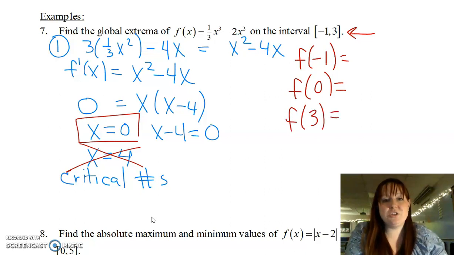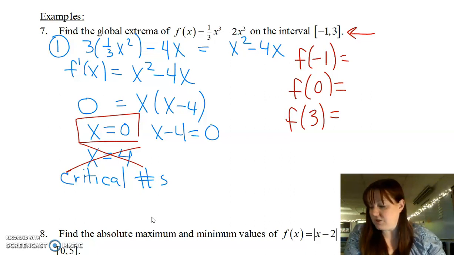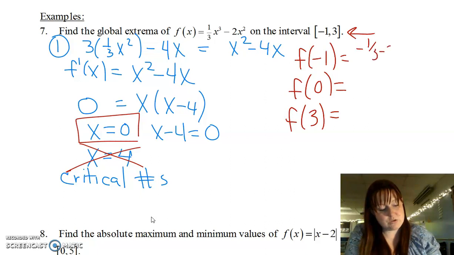So what is our function doing at -1? It is, let's see, 1/3 times -1, which is -1/3, minus 2. So we have -1/3 minus 2, which gives us -7/3.